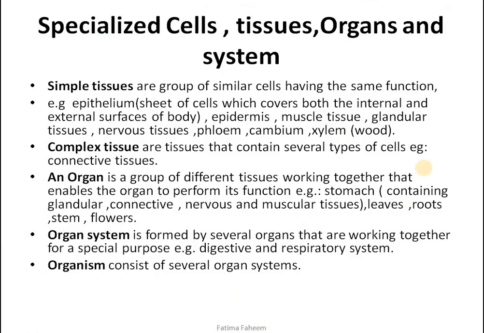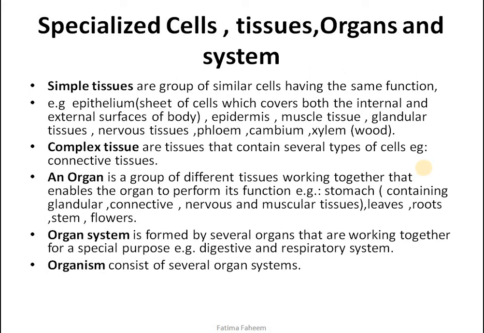Okay, now we have to see how these specialized cells group together to form tissues, how these tissues combine to form organs, and how organs combine to form organ systems. Remember that tissues are of two types. If similar cells join together or group together, they will form simple tissues. For example, epithelium.